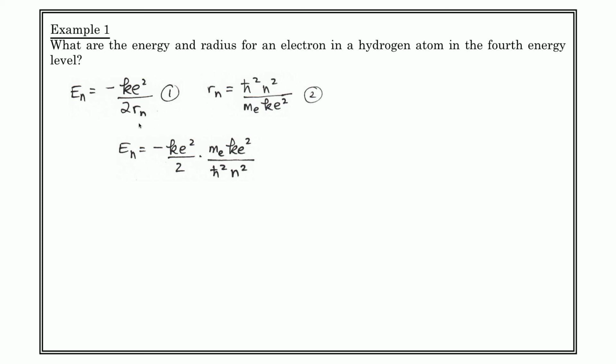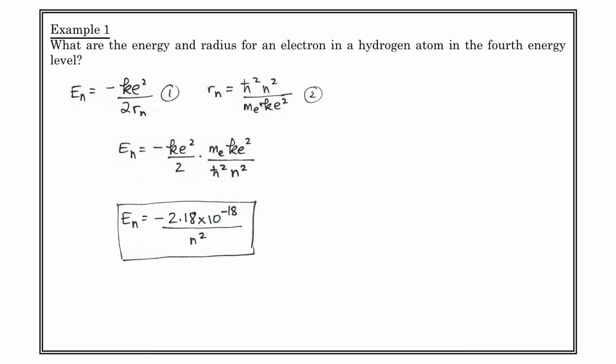So if I want to get rid of this Rn, I can combine it with this right here. And here's another equation that I can put a box around: En, the quantized energy in this hydrogen atom, is equal to minus 2.18 times 10 to the negative 18 all over n squared.